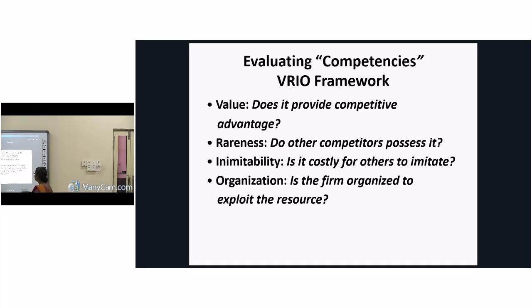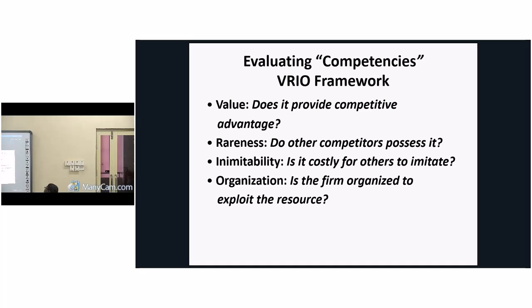You can use this particular framework, the VRIO framework. Right. V represents value. R represents rareness. Then imitability and organization. The VRIO framework is a particular framework for evaluating organizations' competencies.